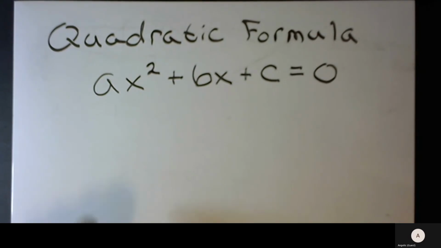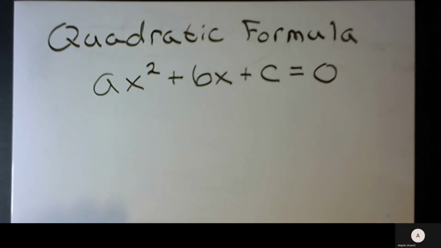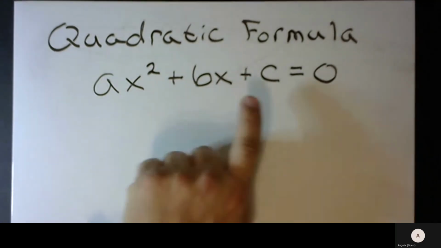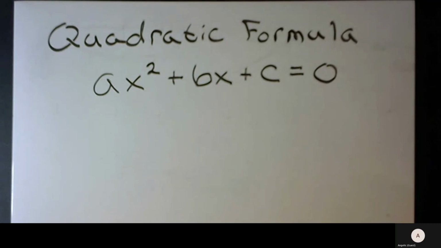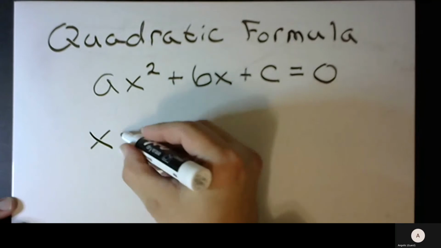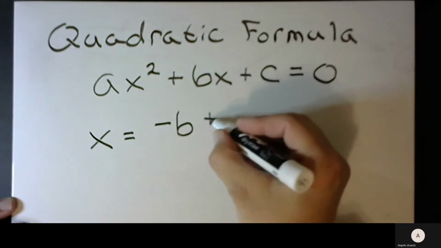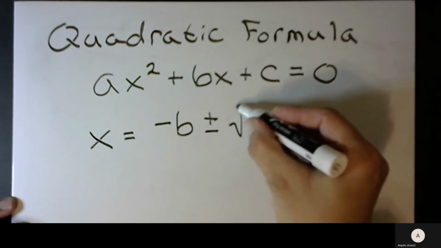Now, A, B, and C, they're standing in for numbers. So this could be like a 4, a -2, and a 6. And what we're going to do, once we identify these numbers, X is going to be this.